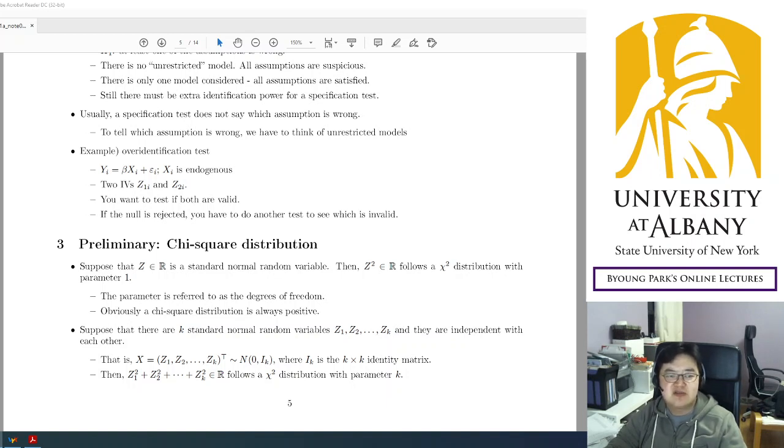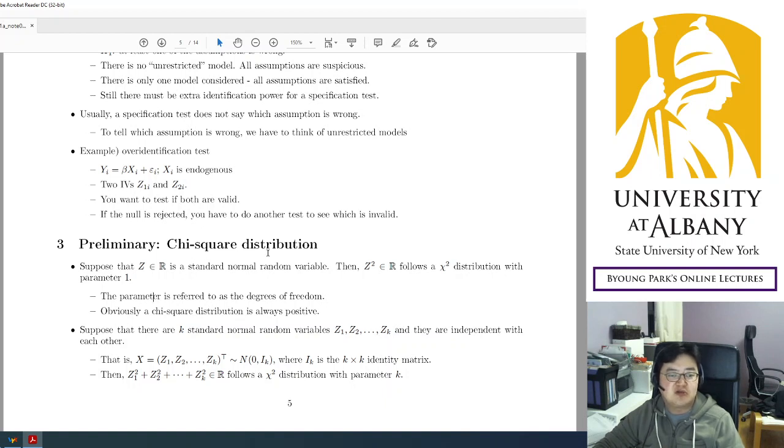Of course, as before, I assume that you understand the basic theory, like what a t statistic is, and what a standard normal distribution is, and things like that. So let's start. Suppose that z is a scalar random variable, and it has a standard normal distribution.